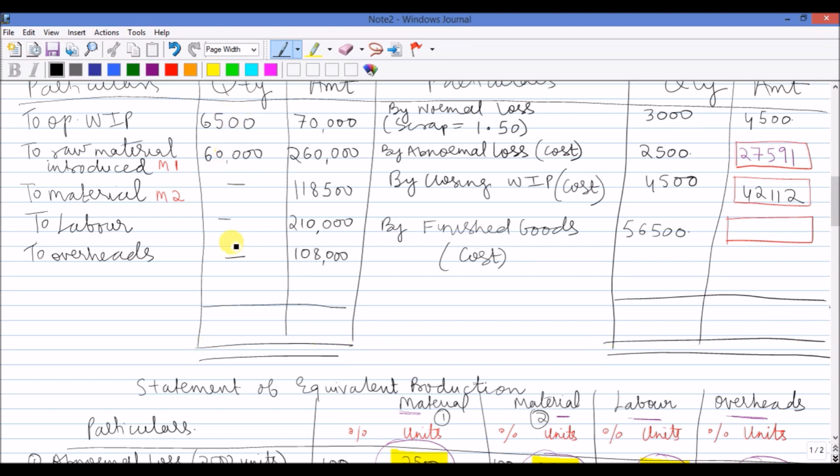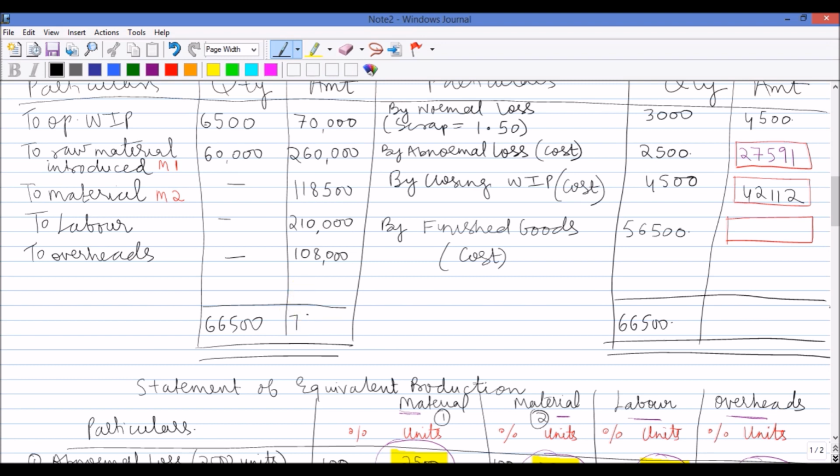This is 66,500 units, and this will also be 66,500, but let me check. 3,000 plus 2,500, 4,500 and 56,500, so this will also be 66,500. I'm going to get the total of this. 70,000 plus 2 lakh 60, 118,500, 2 lakh 10 and 1 lakh 8,000.